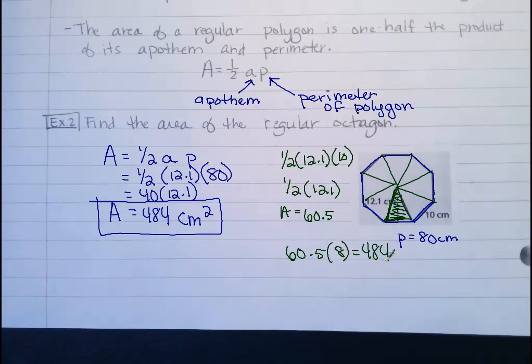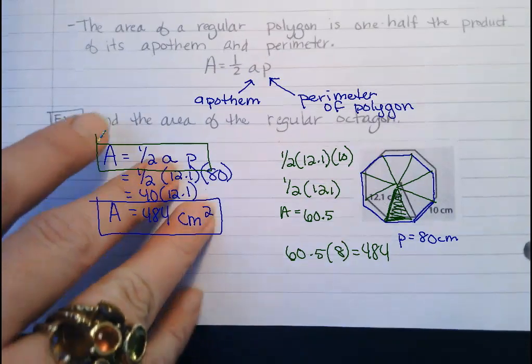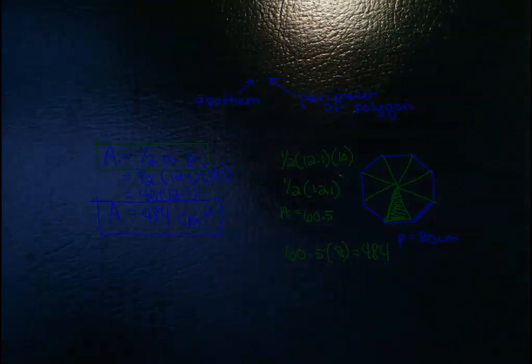Find the area of one triangle and multiply by how many triangles there are. Or you can use this abbreviated equation, if you remember it: 1/2 the apothem times the perimeter. It's kind of crazy how you can just use the perimeter instead of finding the area and multiplying it. Does that make sense why you can use the perimeter, though? Okay. All right. Next up, we're going to find the area of the hexagon.